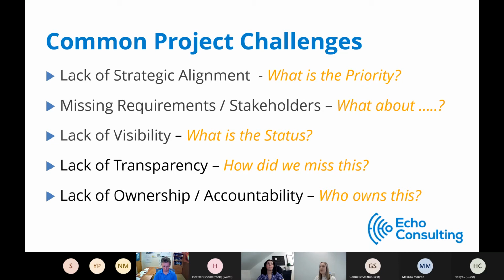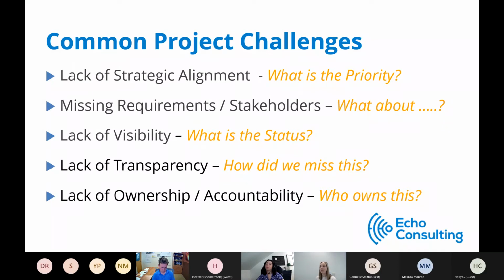The third is lack of visibility. So what is the status of the project? Are we communicating to all the stakeholders at a frequency that makes sense? Are we including the right people, right? Kind of connecting back to that last challenge, very important for visibility. So the fourth is lack of transparency. So this really comes up from a risk mitigation perspective. Are we making sure that all stakeholders are aware of project risks and issues?